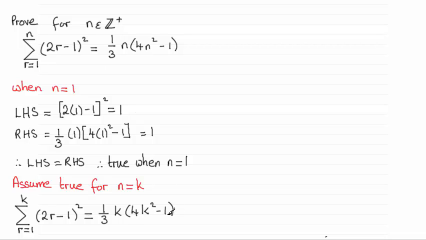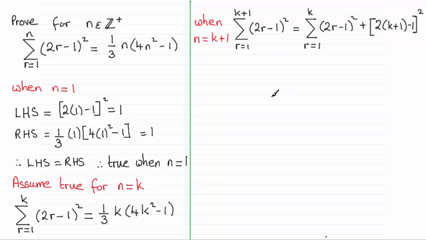Now on this basis, we next have to show that if this is true, we can prove that it's true for n equals k plus 1. So we need to look at when n equals k plus 1. We take our series, r goes from 1 to k plus 1 of all of (2r minus 1) all squared.